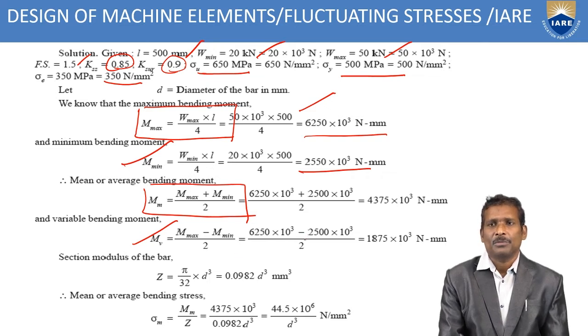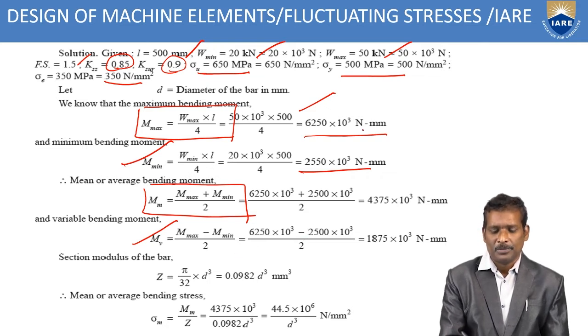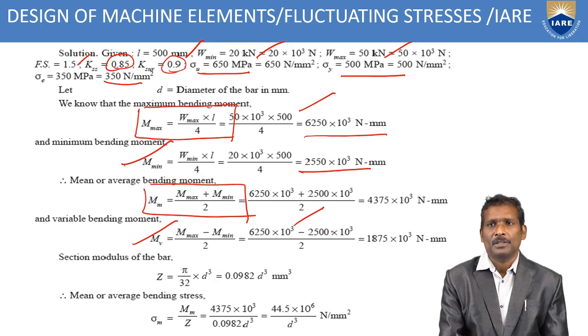The maximum bending moment we already calculated in the first step is 6250, and the minimum bending moment value is 2500. Take their average and you will get the mean bending moment.